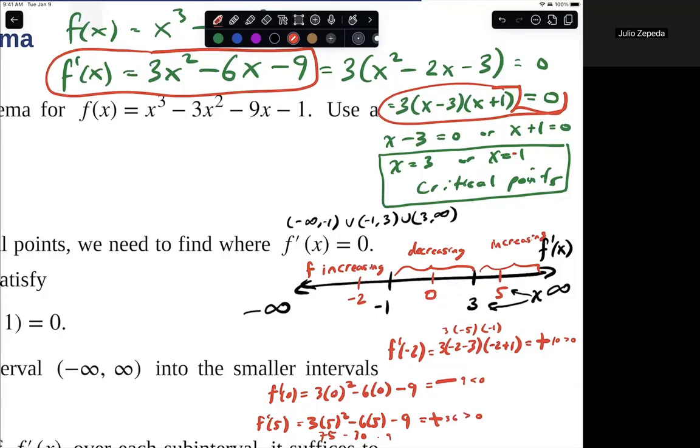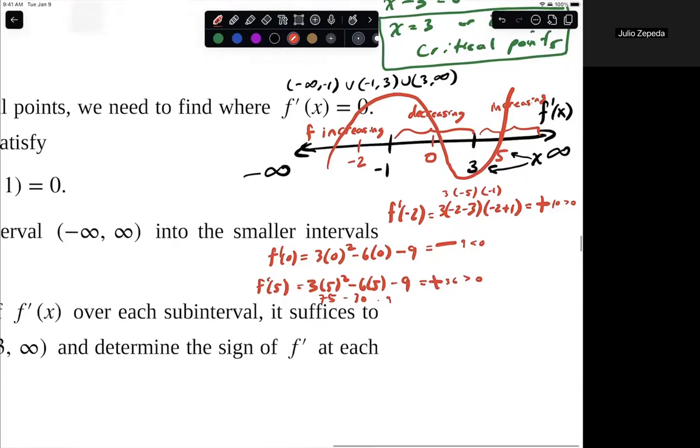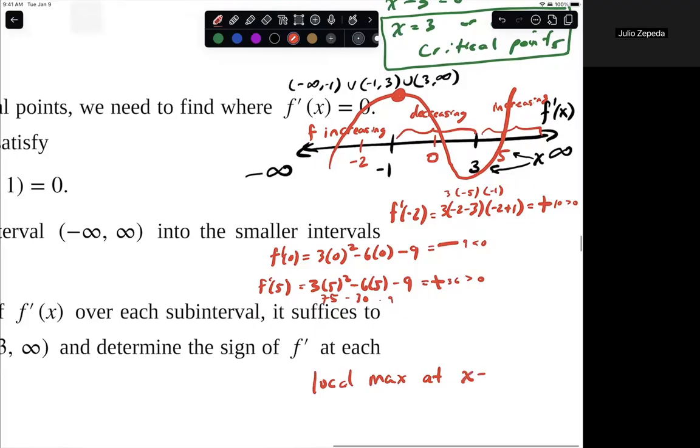Okay, so then if a function is increasing and then decreasing and then starts increasing again, that tells us that we have a local maximum at x equals negative 1, and we have a local minimum at x equals 3.